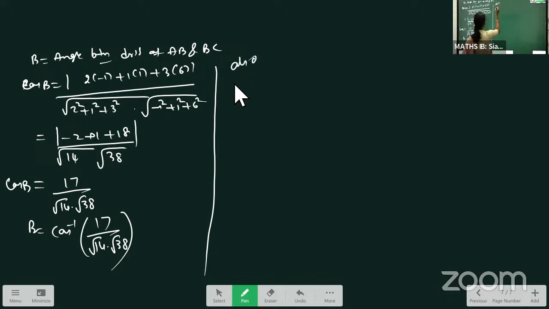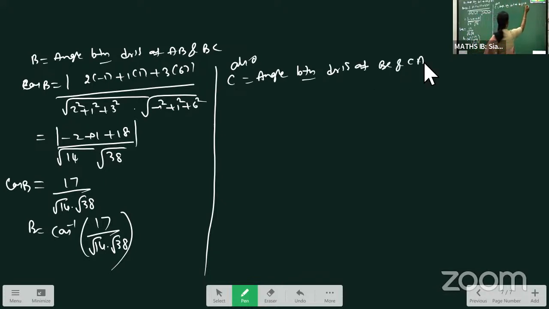Also, C is equal to the angle between DRs of BC and CA. How do you get angle C? BC and CA. Come on.